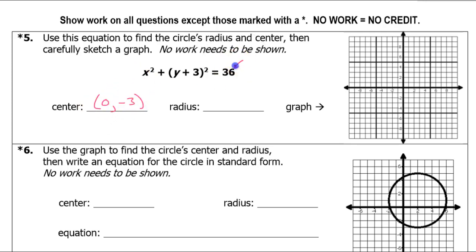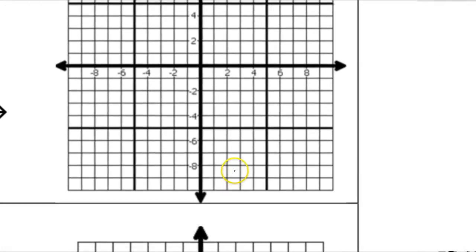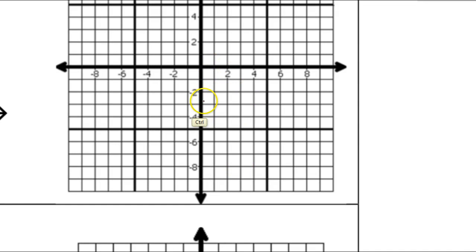This number is the radius squared. So if the radius squared is equal to 36, taking the square root of both sides tells us that the radius is 6. So using this information, the center is at 0, -3. All right, so 0, -3 is right here. So there's my center.